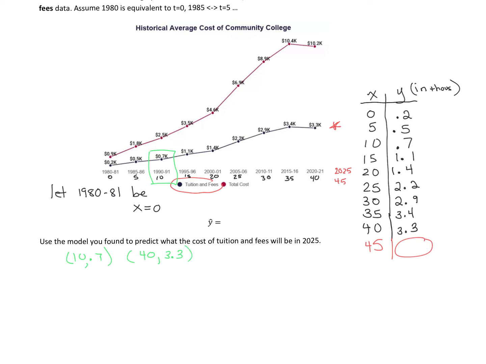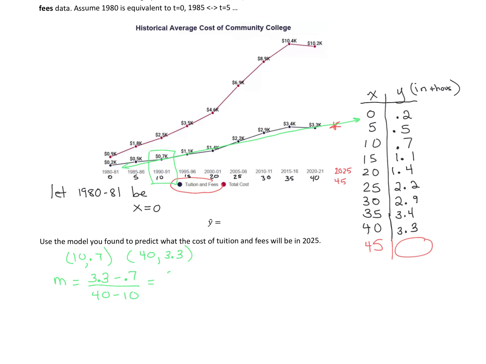If I find the equation of that line, it's just going to be the line that connects those 2 points. Just sketching this, it might look like this. That looks like a pretty good guesstimate of what that line might look like, but let's go ahead and find it. We're going to find our slope, and that's y2 minus y1 over x2 minus x1.